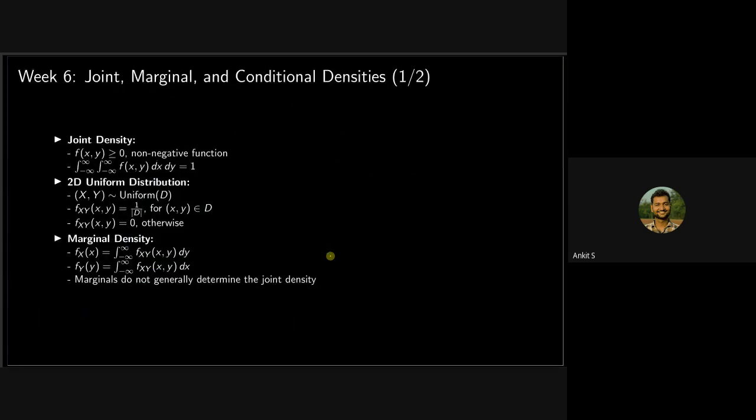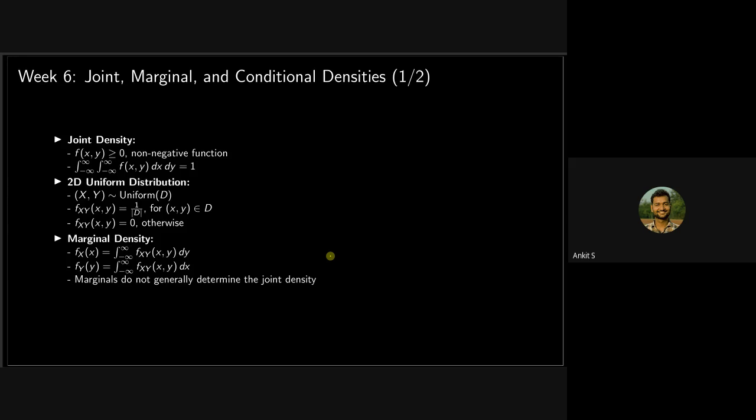Okay, coming to week 6. We considered joint, marginal, and conditional densities. Up to week 6, we were discussing continuous random variables. We discussed everything related to continuous random variables: the basic concepts, CDF, PDF, expected value, inequalities, everything. But we have not considered joint, marginal, and conditional densities till now.